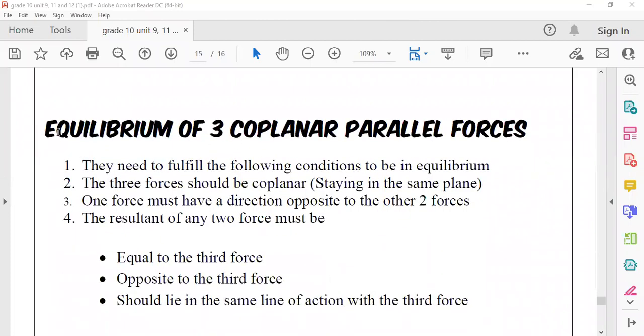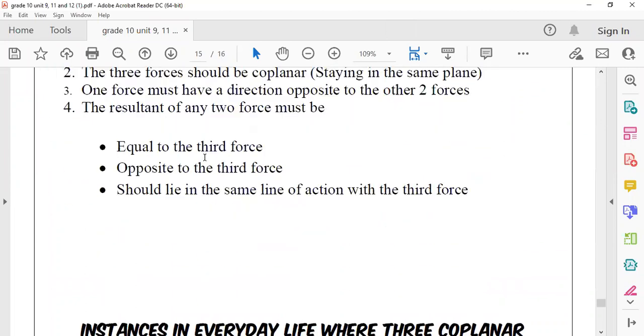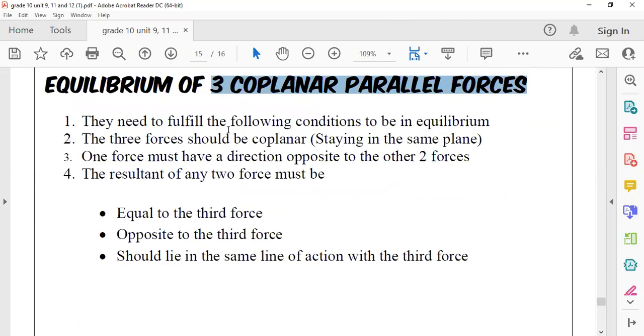Now we are coming to the equilibrium of how many forces? Three forces. Three, what kind of forces?